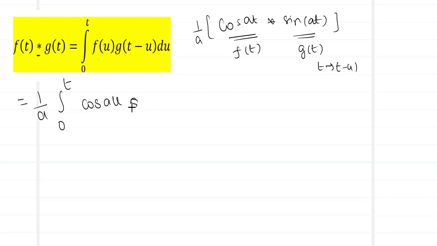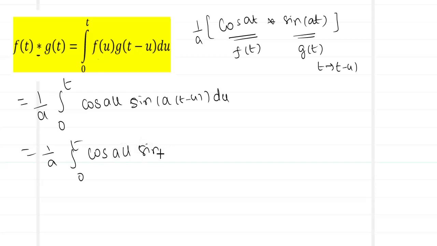So we will have sine of a times t minus u, into du. This will give us integral from 0 to t cos au sine of at minus au into du.